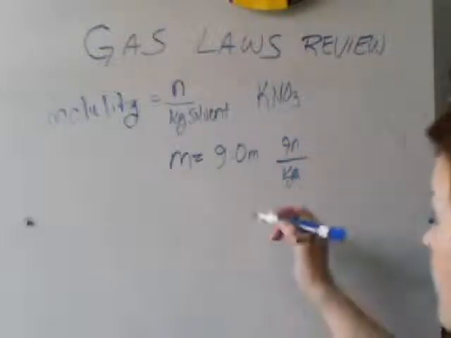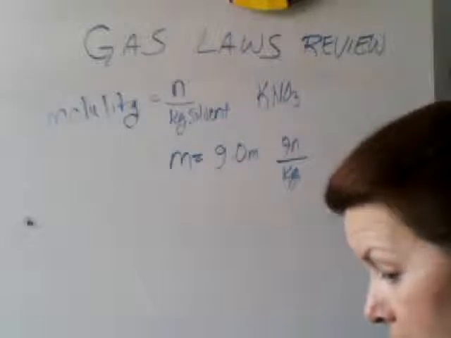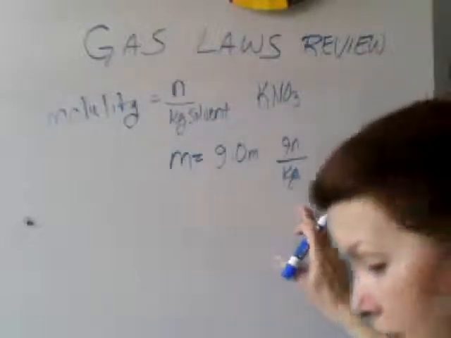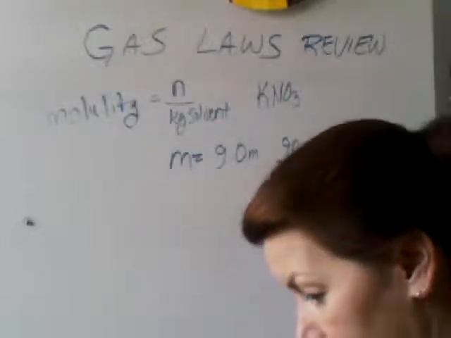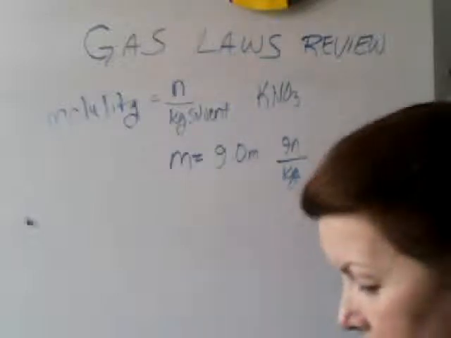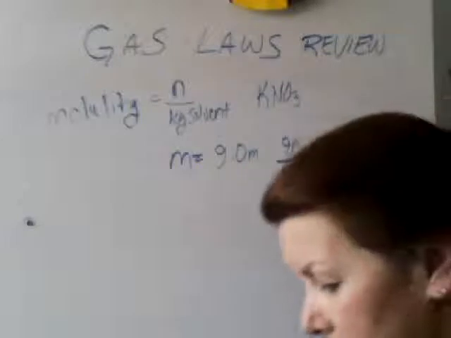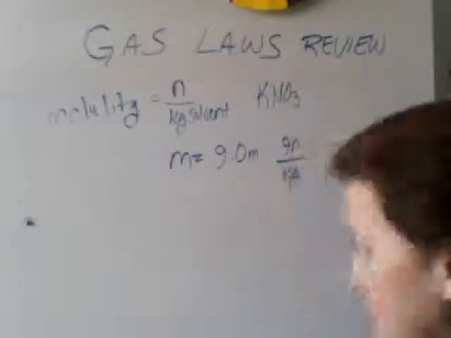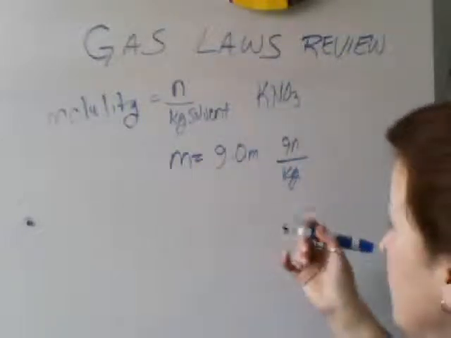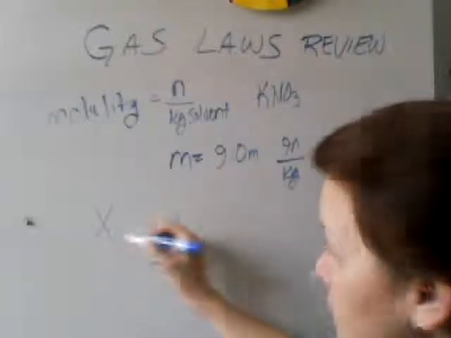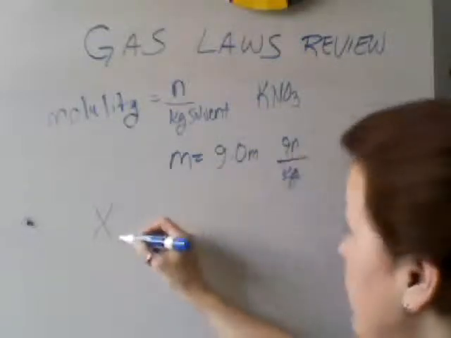So to figure out how many moles we have, we're using the 1, so it'll just turn out that there's 9 moles of potassium nitrate in there. And we also need to know, when we're dealing with mole fractions, remember the mole fraction of anything.